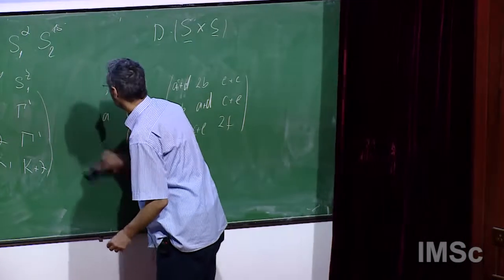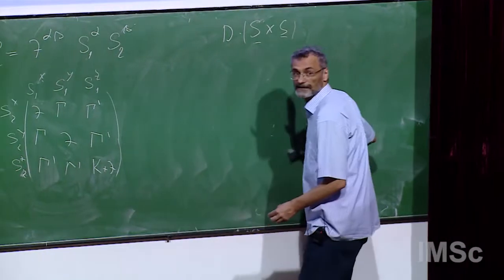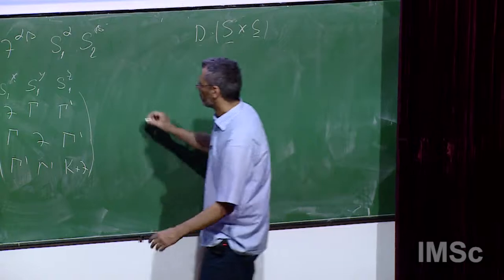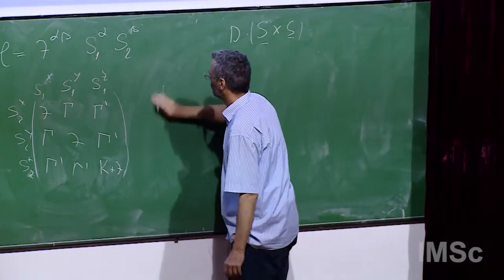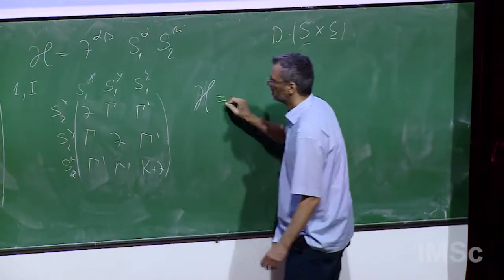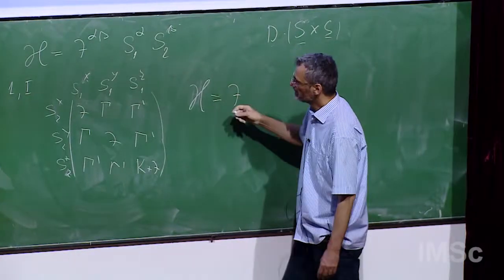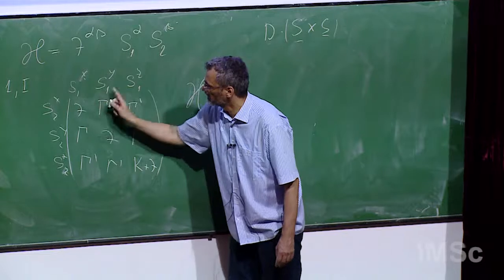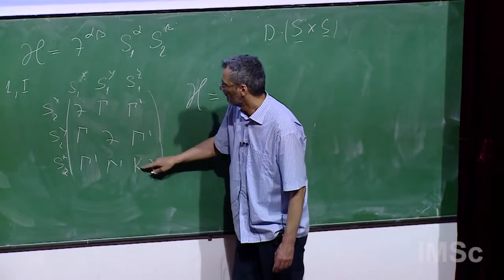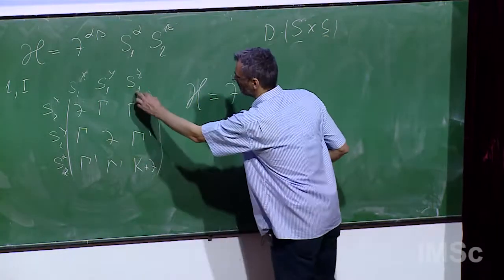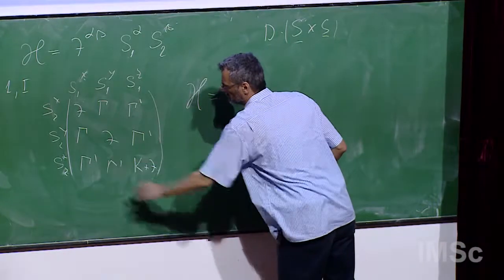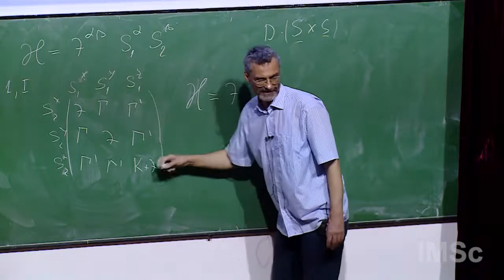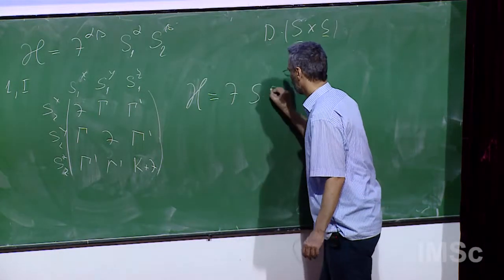So this is what I ended up with. And how does it look like writing the full form? The Hamiltonian is just J times S1x times S2x plus S1y times S2y, plus K times S1z times S2z. And obviously, it's not by accident that I have chosen the J's here, because this will be the Heisenberg term.